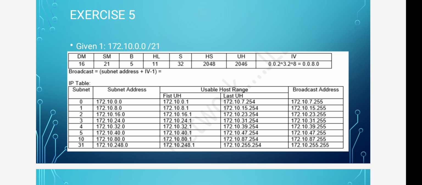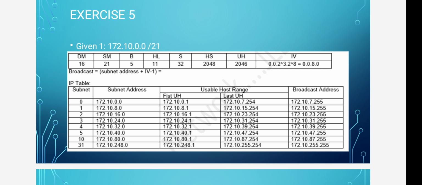Upon getting the subnets, how many subnets there are? 2 exponent B, and the B is 5. 2 times 2 is 4, times 2 is 8, times 2 is 16, times 2 is 32. So the answer for how many subnets there are in the given one is 32.